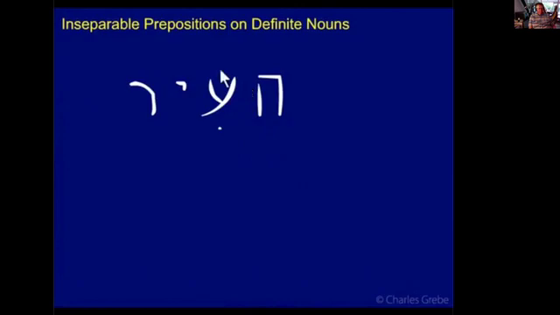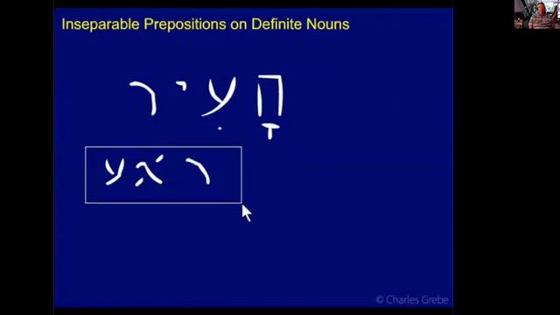Compensatory lengthening. This is a weak guttural. Remember we had aleph, ayin, and reish. Those give compensatory lengthening, at least with this vowel, unless this was a qamets. So this will lengthen, and of course we have no dagesh there.